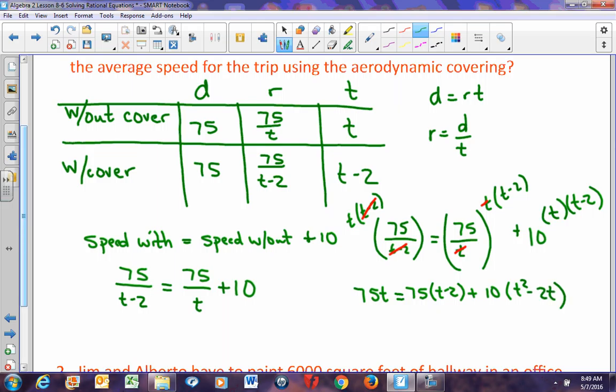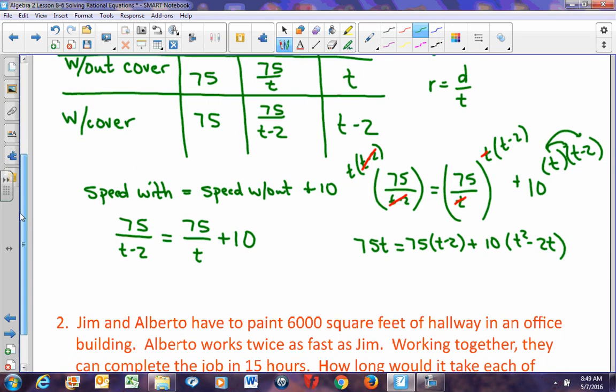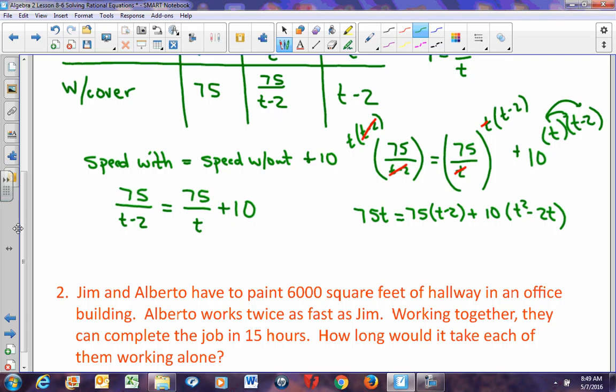All I did was t squared minus 2t and then multiply that by 10. So there's my equation. So I have 75t equals 75t minus 150 plus 10t squared minus 20t.